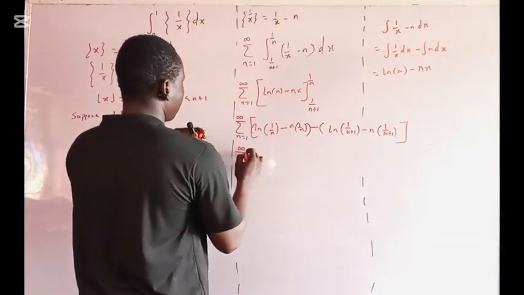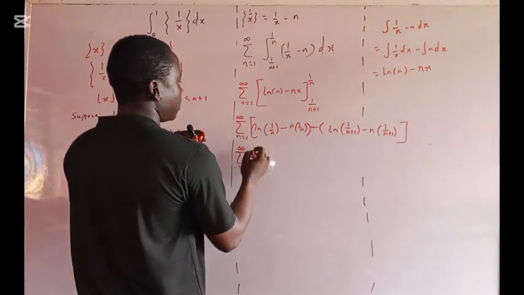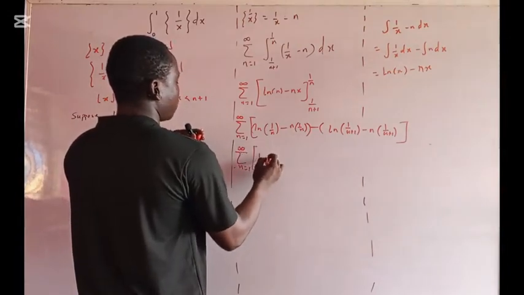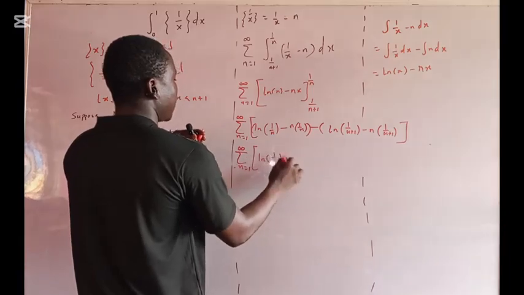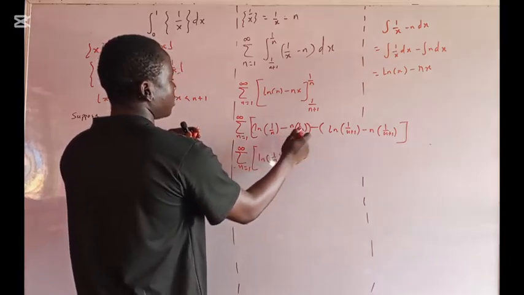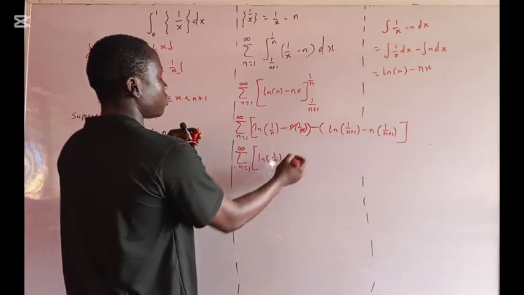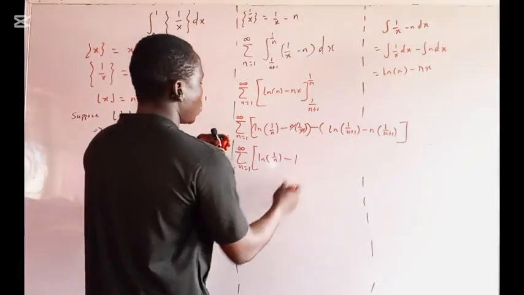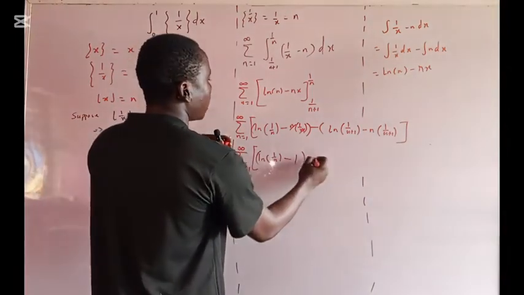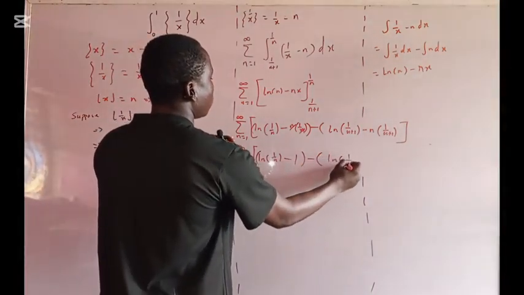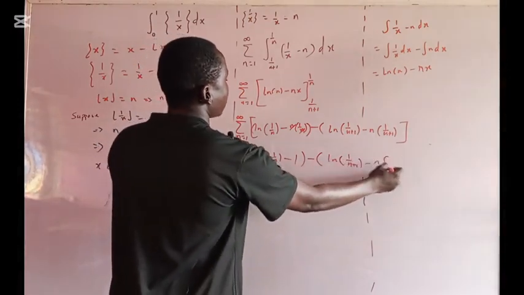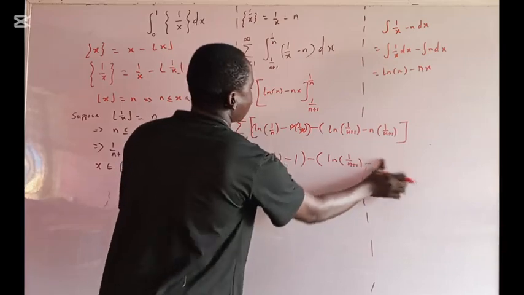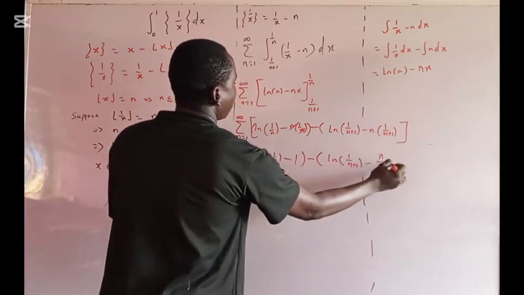So we're going to have summation of n from 1 to infinity of natural log of 1 over n, then minus, so n, and this n we cancel out, we have 1, okay, we have natural log of 1 over n minus 1, okay, then minus natural log of 1 over n plus 1, then minus n over n plus 1.